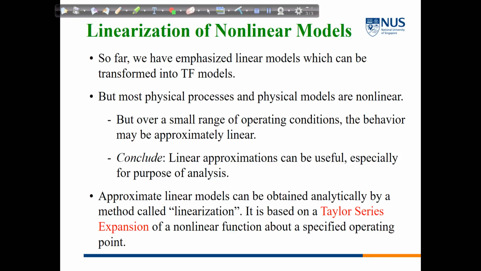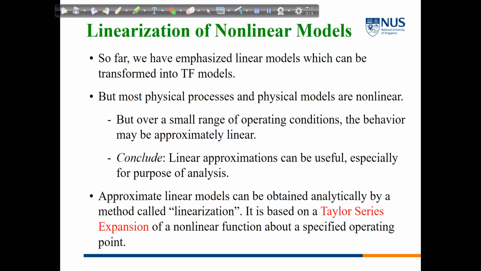And then we move to some new content. We defined initially that a transfer function models need to be linear between the input and output relation. If this model is nonlinear, and it's true that many real processes, most physical processes, and the physical models are nonlinear by nature, we need to conduct some techniques to linearize the model first in order to transform them into transfer function models.